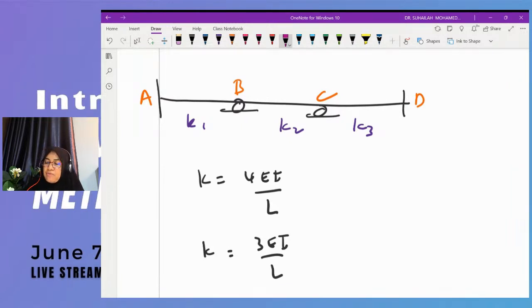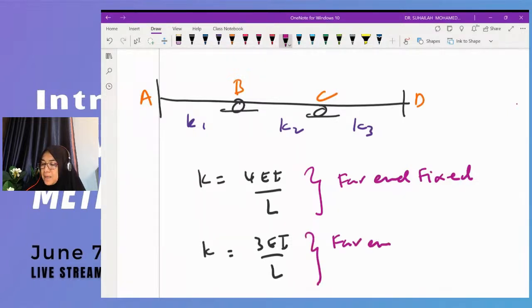For far end fixed, we use 4EI over L. For far end pin or roller, we use 3EI over L.